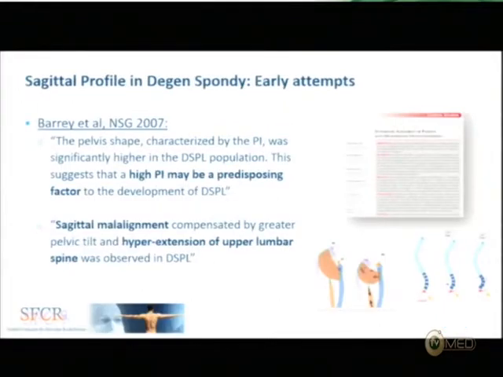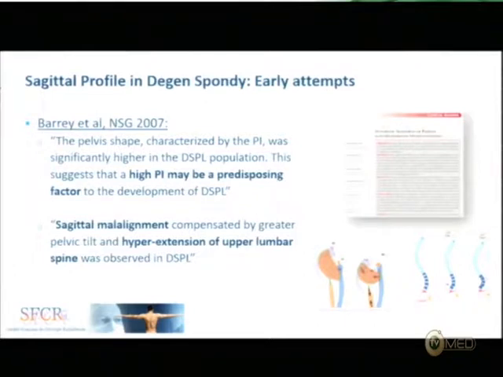There is actually a fair amount of literature on the topic. In 2007, Cédric Barrey, a neurosurgeon from Lyon, already made a few statements. One was that those patients tend to have a higher pelvic incidence than the average patient.